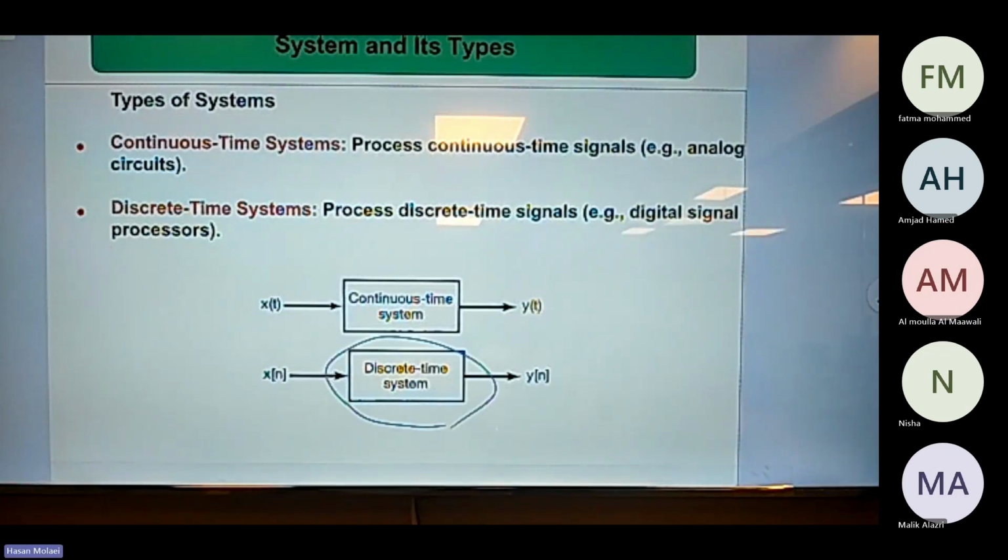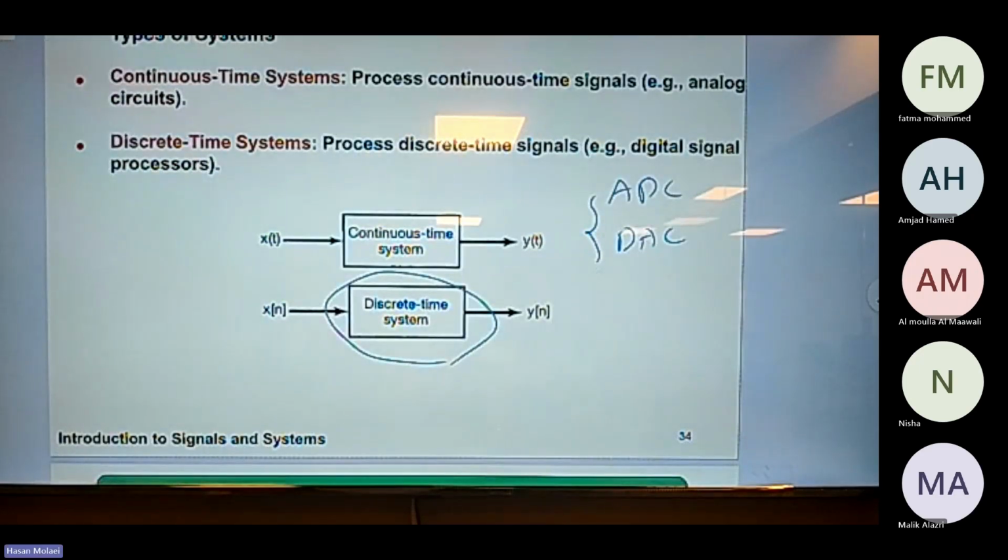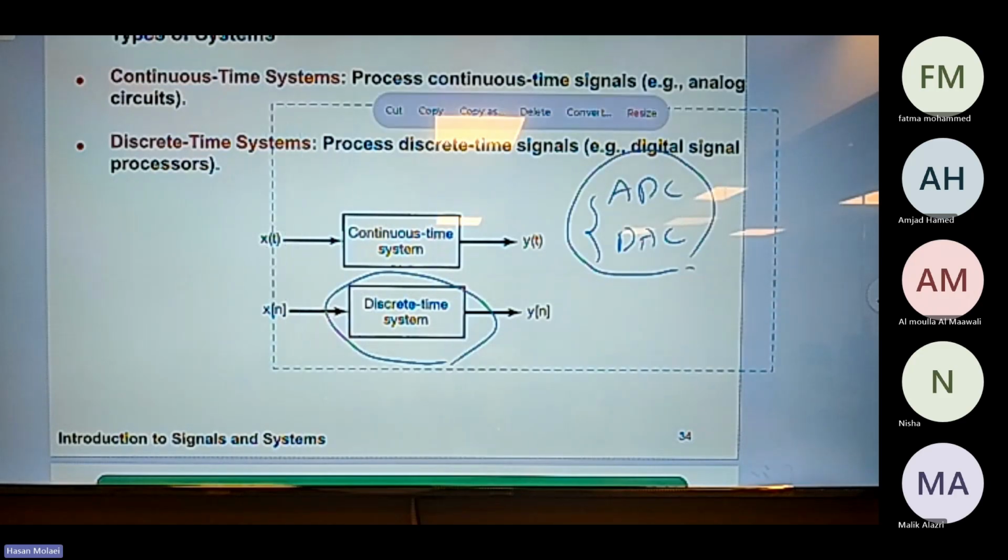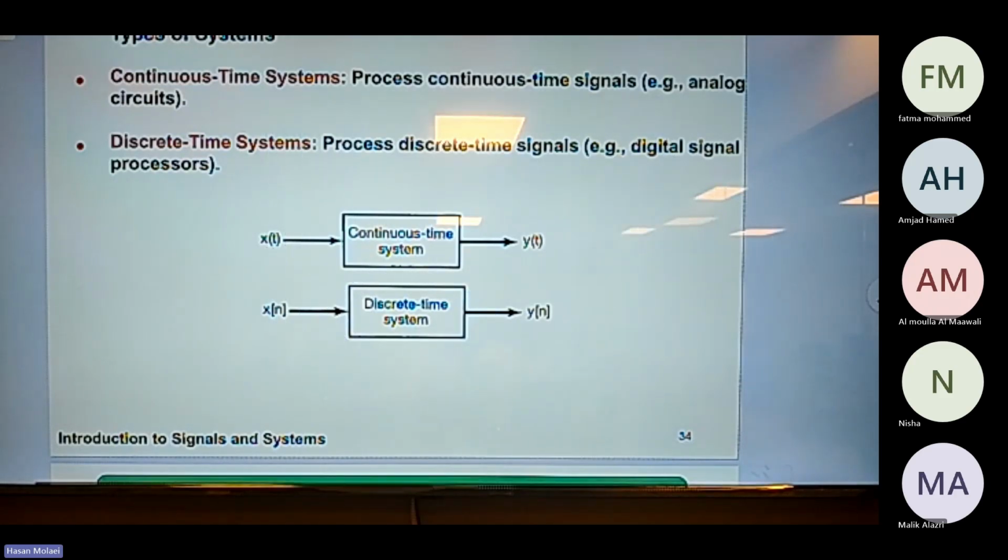For discrete time, we may come back after it when we study AD and DA, analog to digital converters. Right now we don't need them. We are just focusing on continuous time systems.